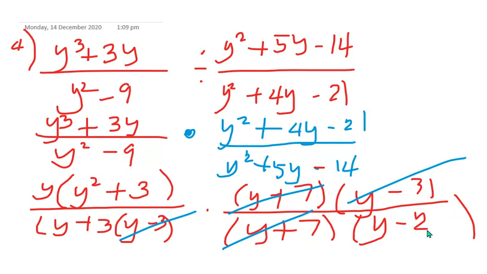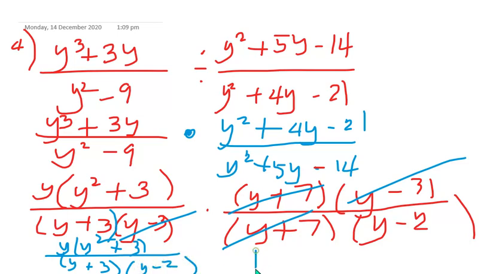So therefore, no more. So the answer now is equal to y times y squared plus 3 over y plus 3 times y minus 2. Okay, this is now the final answer.